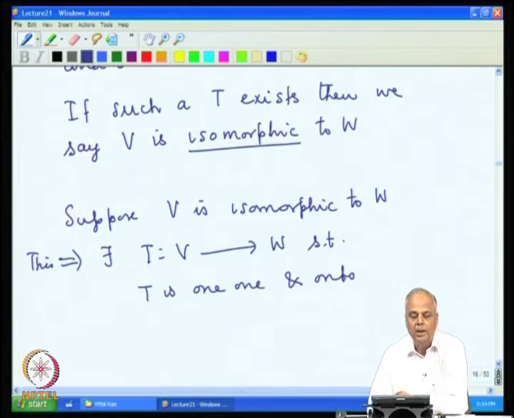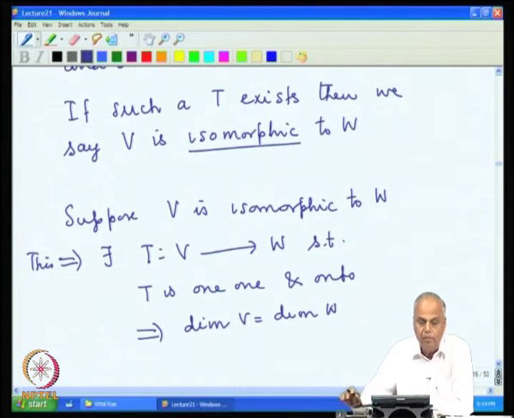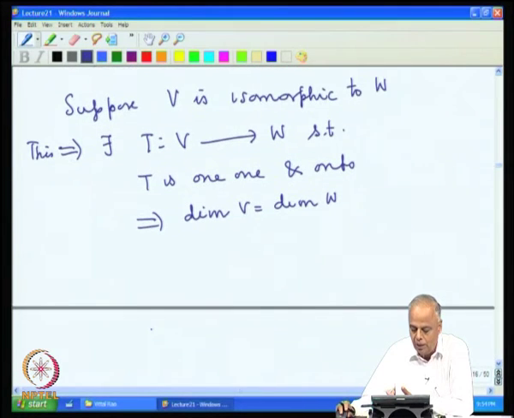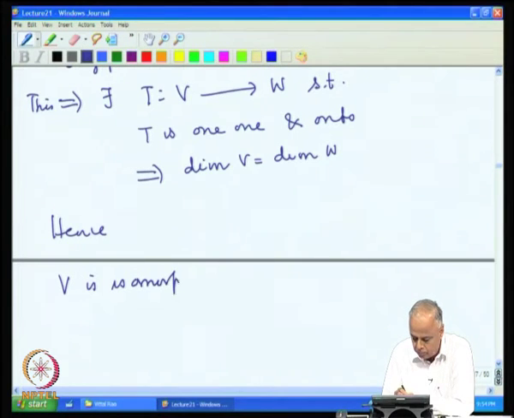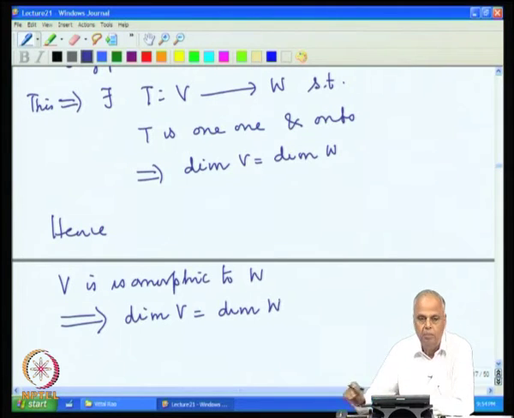Now, we have seen that an a priori requirement for a linear transformation which is both 1-1 and onto to exist is that the dimension of V is equal to dimension of W. And therefore, if V is isomorphic to W, dimension of V must be equal to dimension of W. Hence, V is isomorphic to W implies dimension of V is equal to dimension of W.